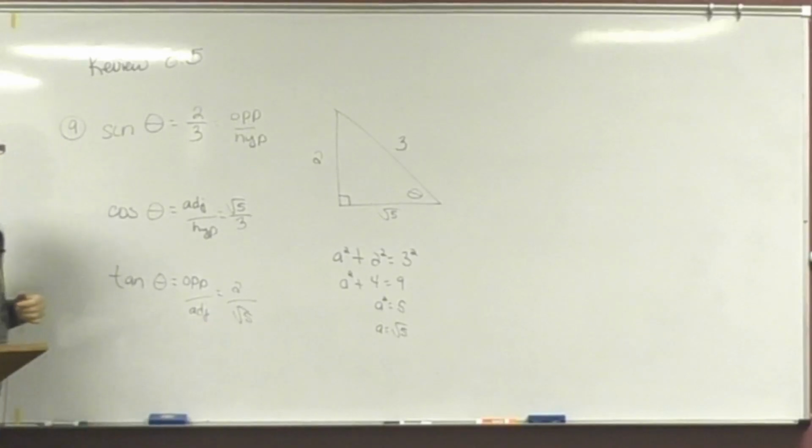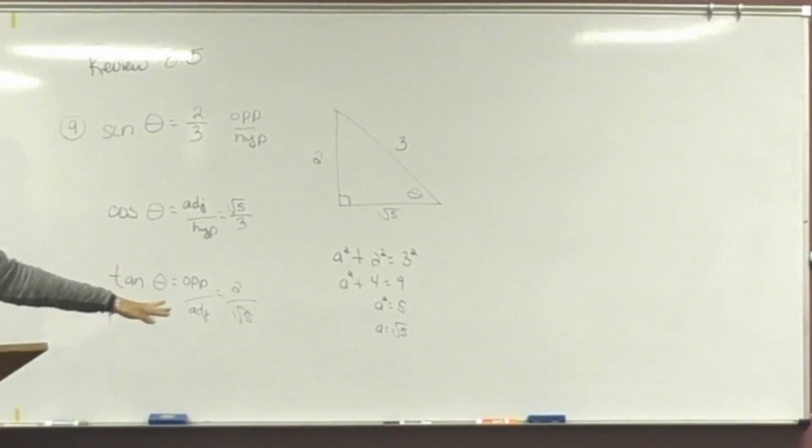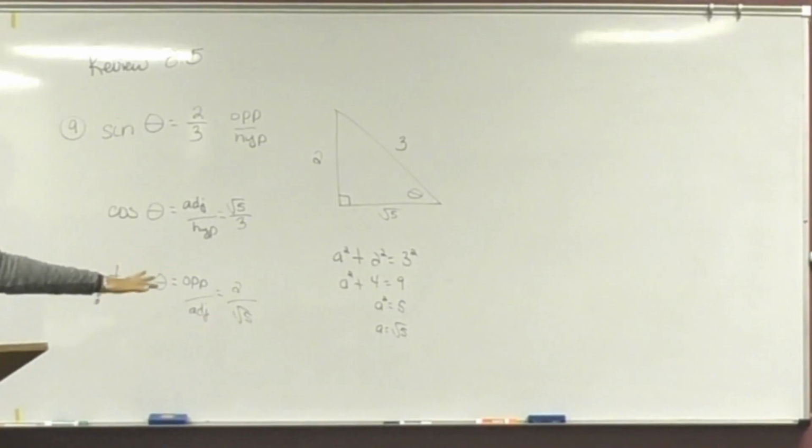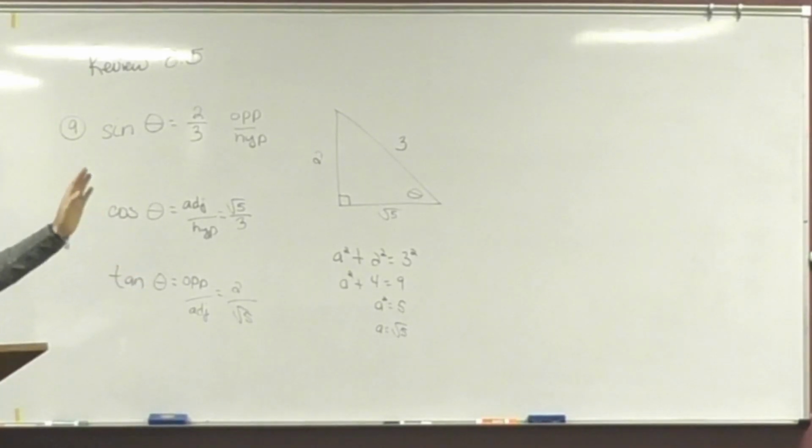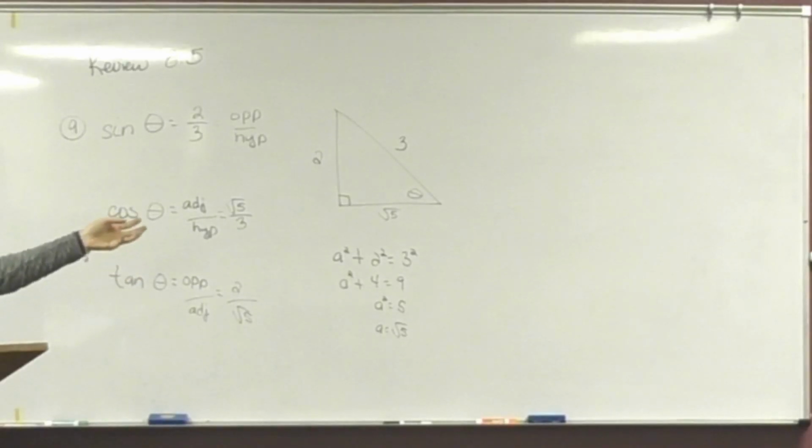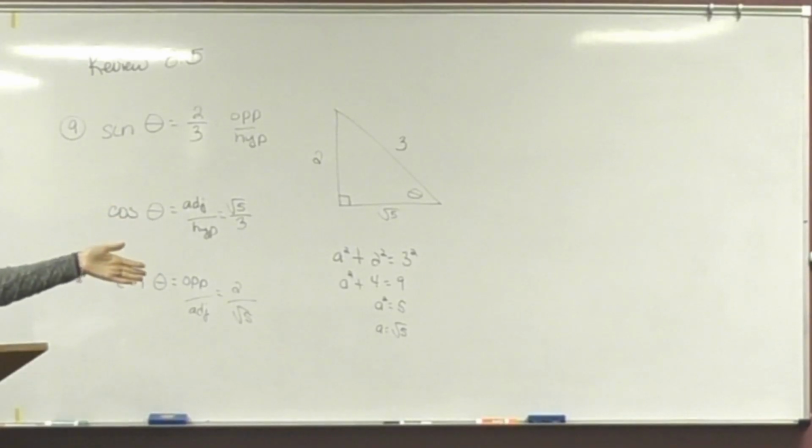Okay. Some of you guys are leaving your answers like this, but that's not acceptable because we are not allowed to have a radical in the denominator. So you're not done. And your calculator will rationalize your denominator for you, okay? So it's easy, you're just stopping too soon, okay?